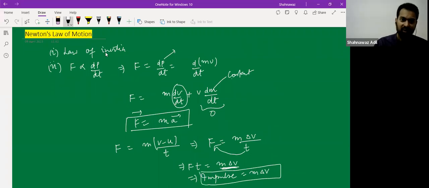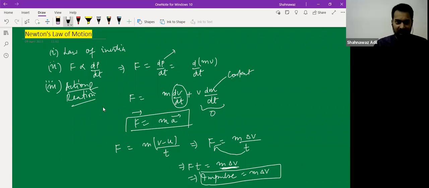And you guys have already heard numerous times of Newton's third law, right? Newton's third law is: action, reaction. I don't need to explain this, right?